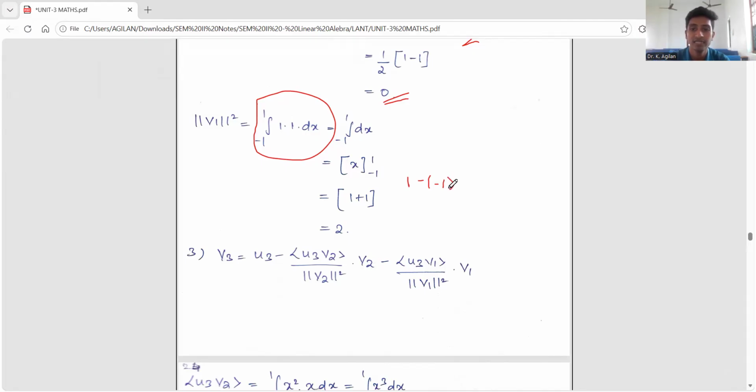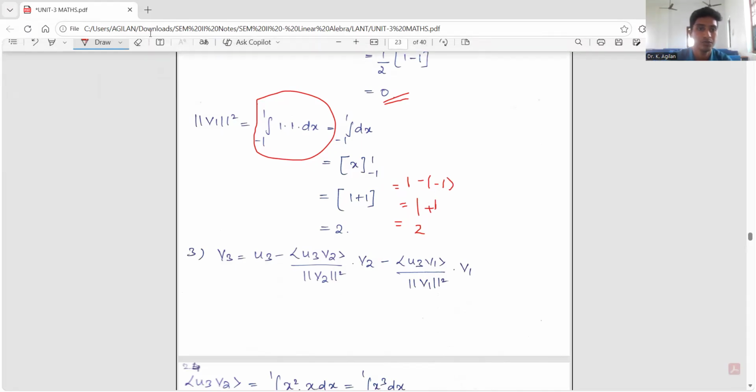So what will be the answer? The answer is 2, right? 1 plus 1 equals 2. It is simple mathematics only.